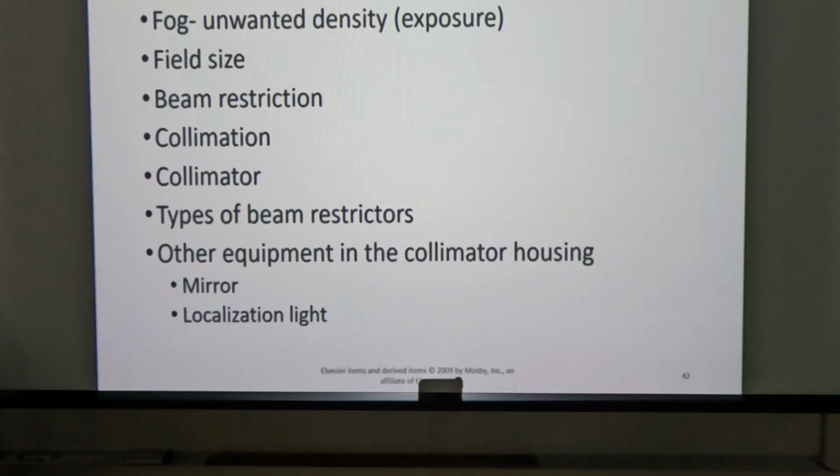Does better exposure mean that you've got an increase in exposure? The answer is no, your exposure decreased. It's bad exposure, you got rid of it, but you have to replace that exposure. You can't just leave it alone. You have to replace the exposure to the image receptor with good photons. You remove the bad, you introduce the good.